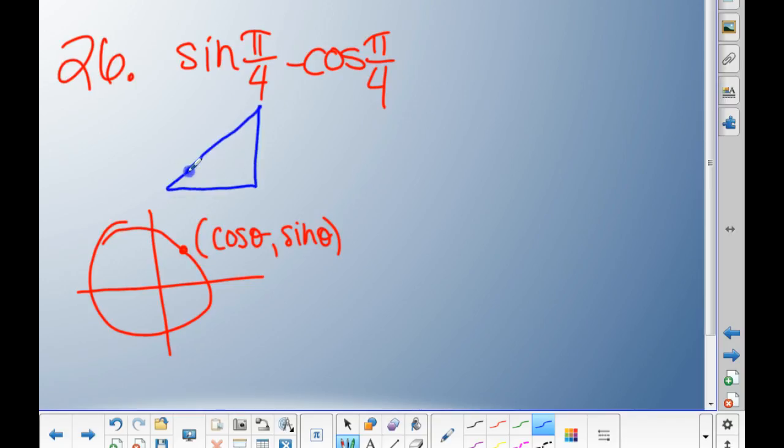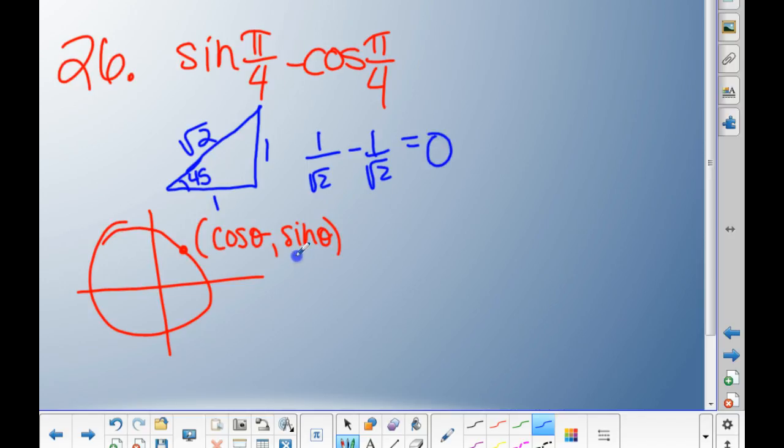The way I really wanted you to be practicing was to remember your special right triangles. So sine pi over 4 is 45. Sine is opposite over hypotenuse, which is 1 over square root of 2. Cosine is adjacent over hypotenuse, which is also 1 over square root of 2. Therefore, the answer is 0.